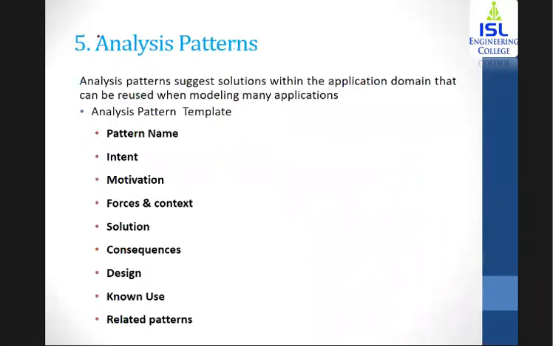Then the next one, the last element of the analysis model, is called the analysis pattern. The analysis pattern suggests solutions within the application domain that can be reused when modeling many applications. What are these solutions? They can be a class, a function, or a behavior.